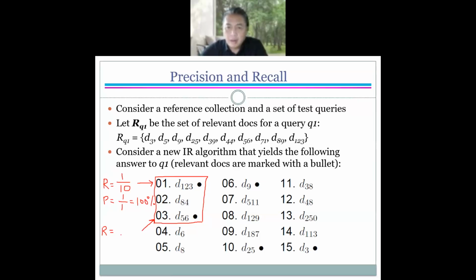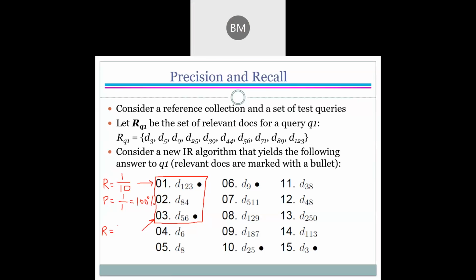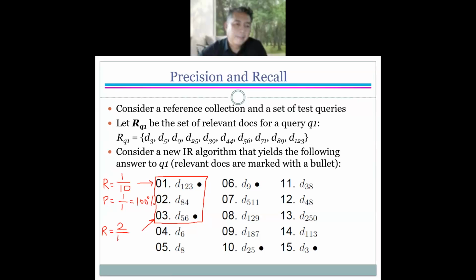Berapa relevant document? 2, ya. So di dalam box tu cuma 2. So 2 out of 10 kan? Sebab kita punya relevant document 10 kan? Okay, betul. So what is the precision there?